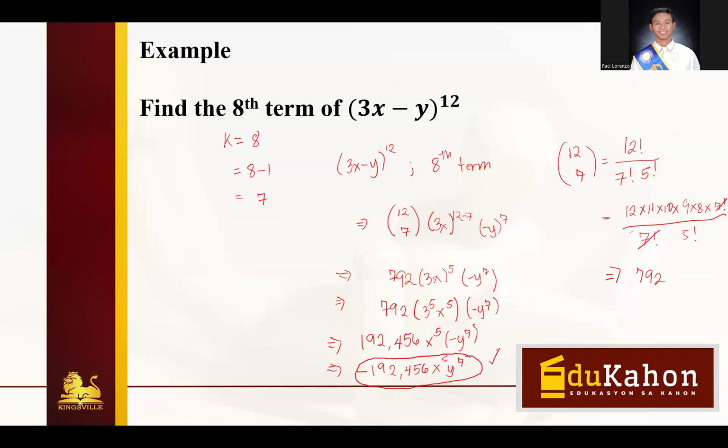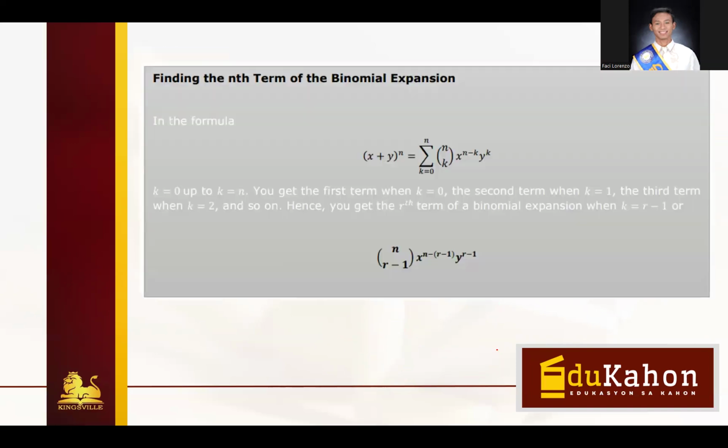Okay, so I hope that you understand that we need to subtract 1 from your term, which is k, because it will exactly represent the exact value of your terms based on the number of terms given. Always remember that if k is equal to 0, that is the first term.